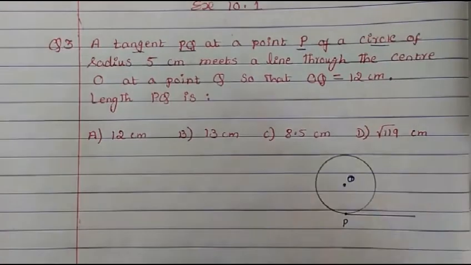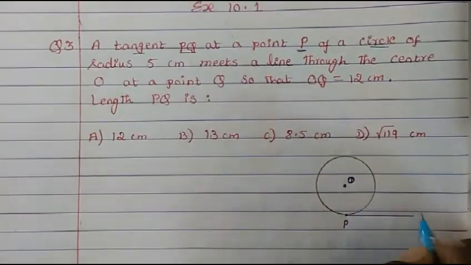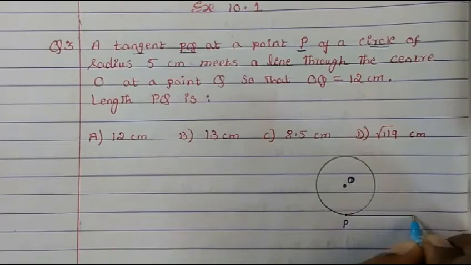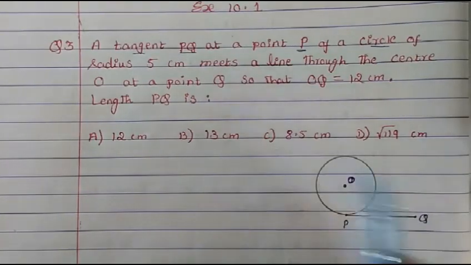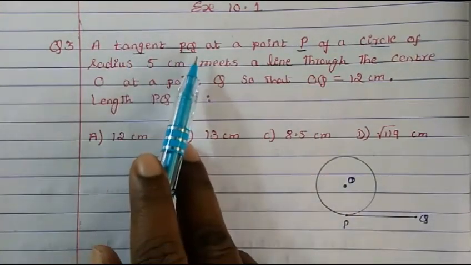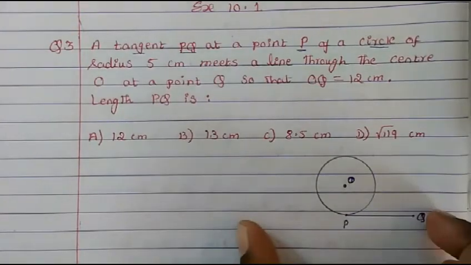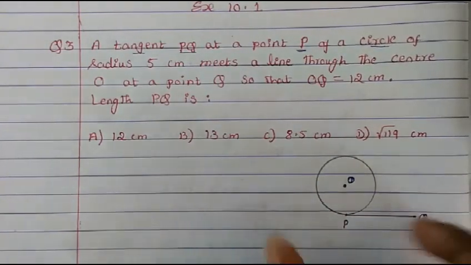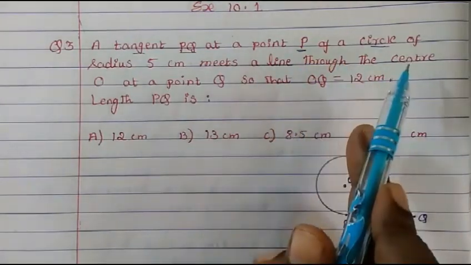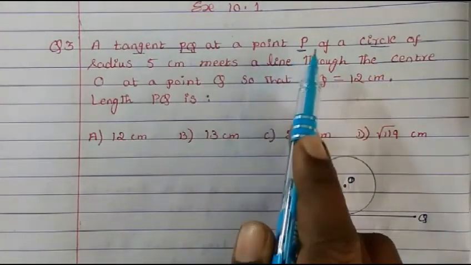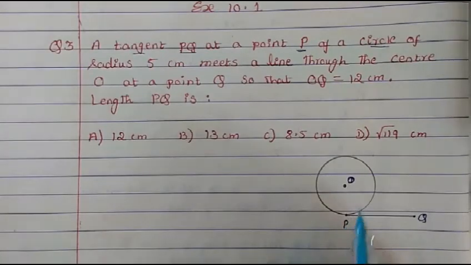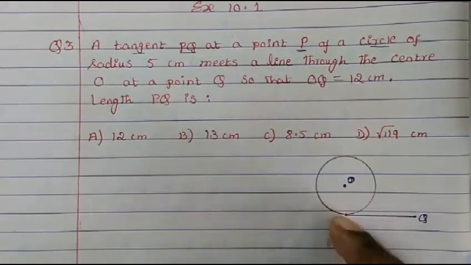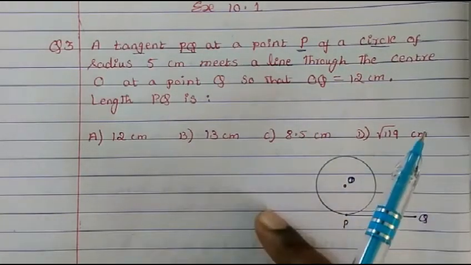We have drawn the tangent, and this point we can name as Q, because tangent PQ is there. Since P is on the circle, Q has to be on either this side or this side.